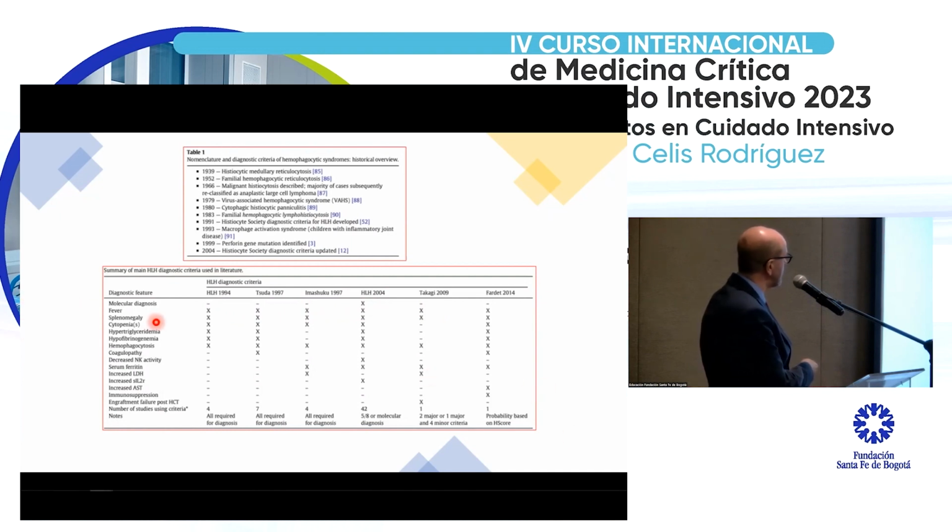You look at what are the characteristics. So you have a molecular diagnosis, usually in the primaries, because you don't have a genetic dysfunction when you have a secondary syndrome.